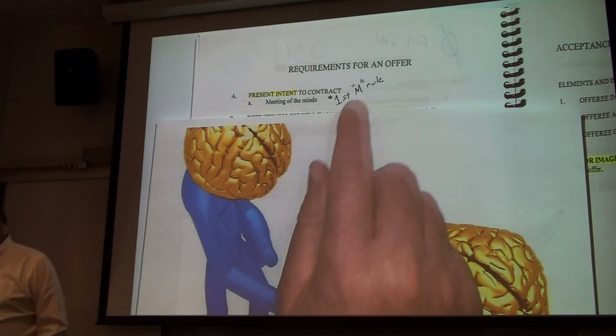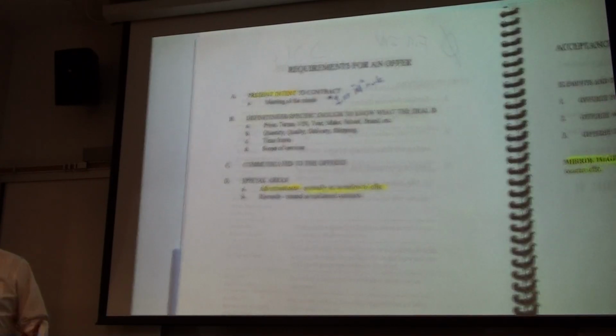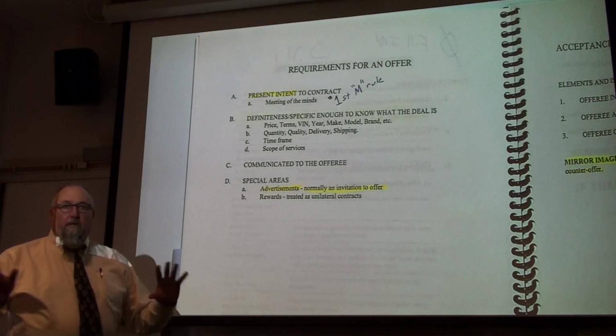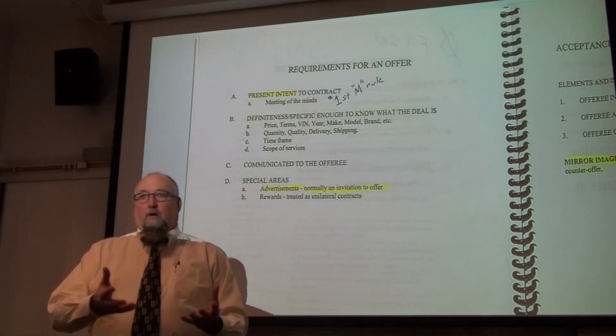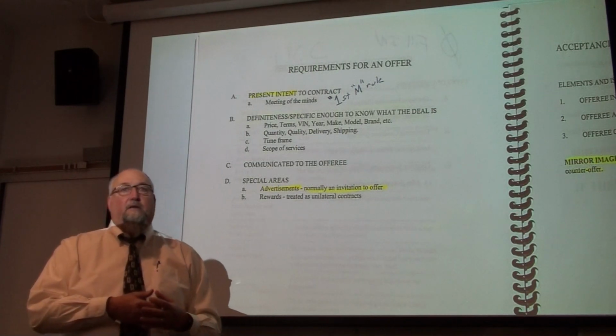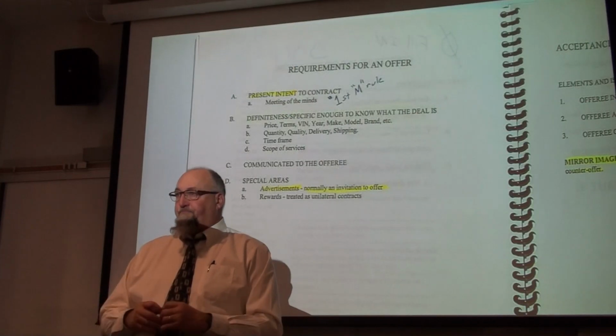So that's the first M rule of contract law, the meeting of the minds rule. All right, so that's the first threshold. Number one, was the statement an offer to begin with? Was it made with the intent to enter into a contract? And number two, are both parties thinking the same thing?